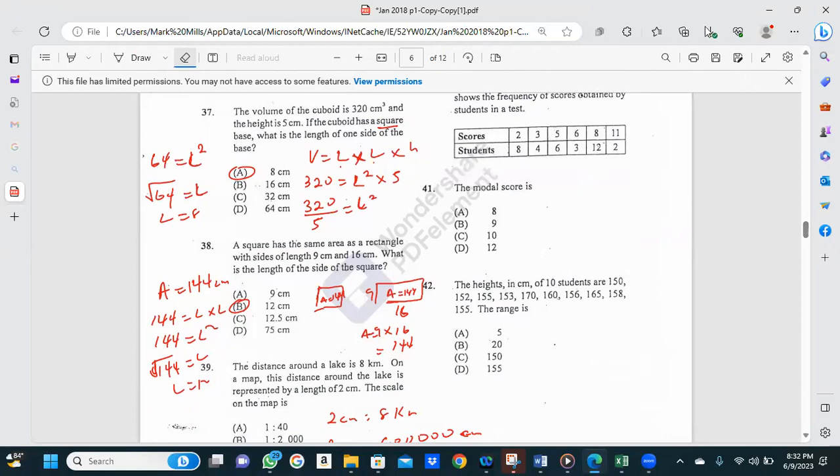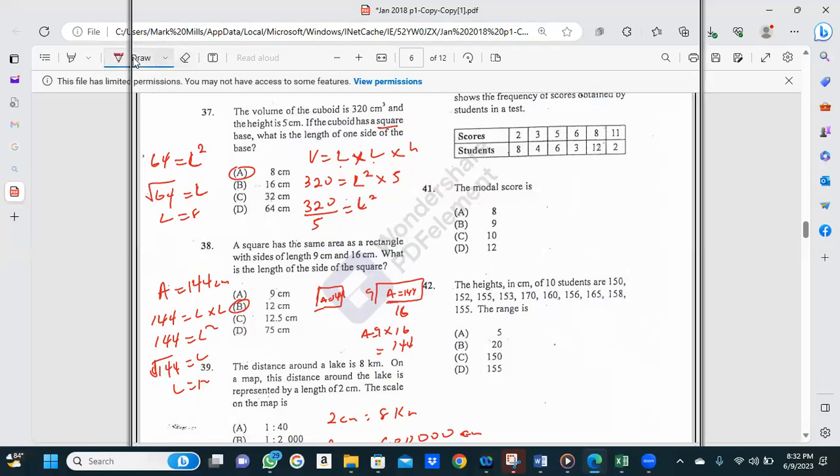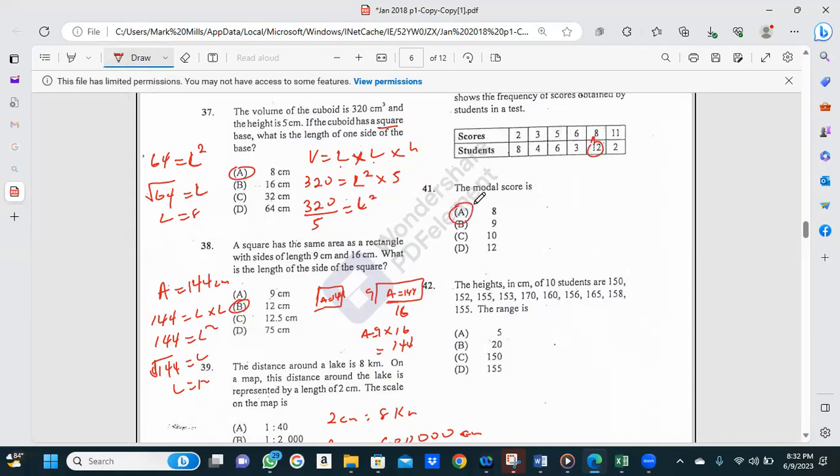For the modal score, we find the frequency with the highest number. Look for the frequency with the highest number. So the number of students, which is 12, and we go up to 12, we get 8. So the modal score is 8.